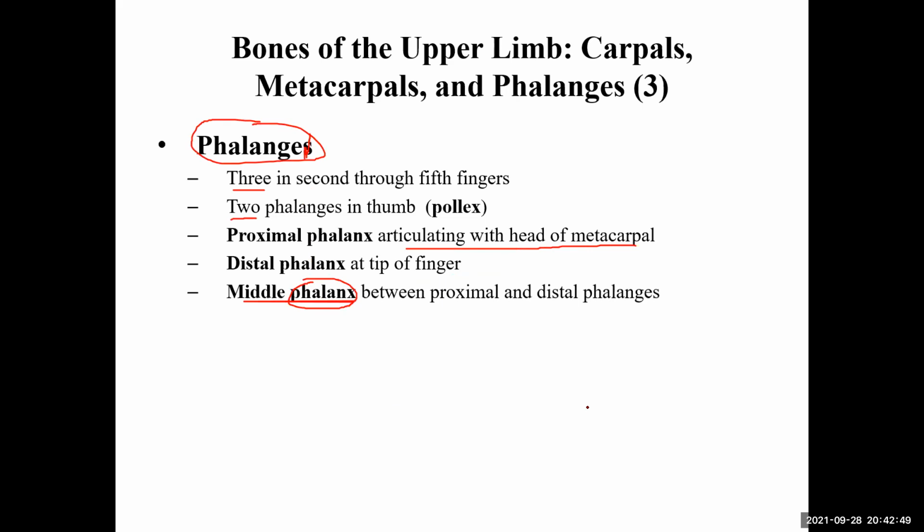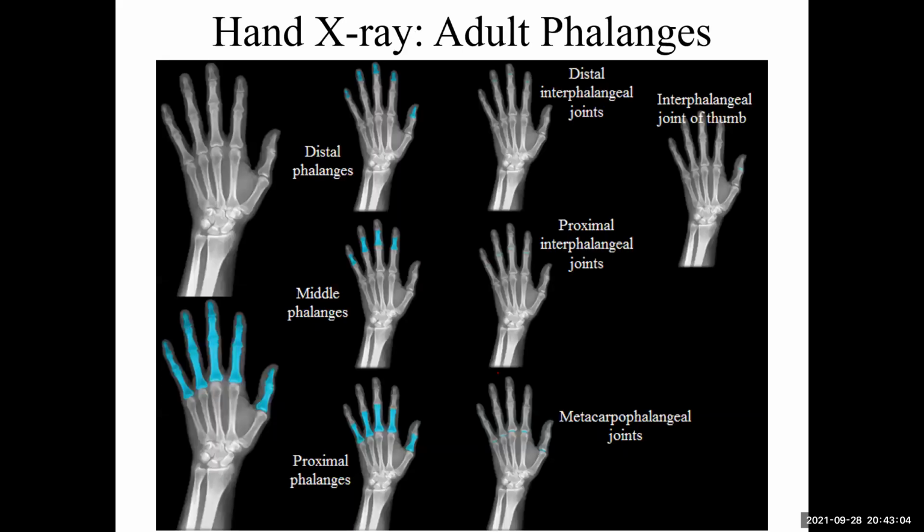So your thumb does not have a middle phalange. All the other fingers do. The thumb does have a proximal phalange and it has a distal phalange, but it does not have a middle phalange. So if you look here on our x-rays, here are all the distal phalanges for digits 1 through 5.